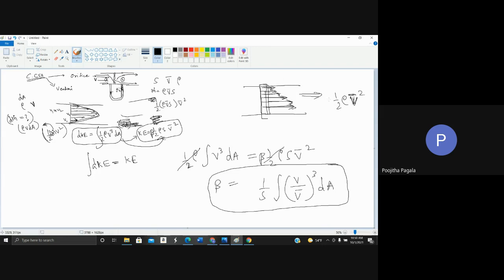So you need to multiply it with a correction factor because you're making an approximation, and that correction factor is given by this term. Beta is equal to 1 by S integral (V by V bar) whole cube times dA.